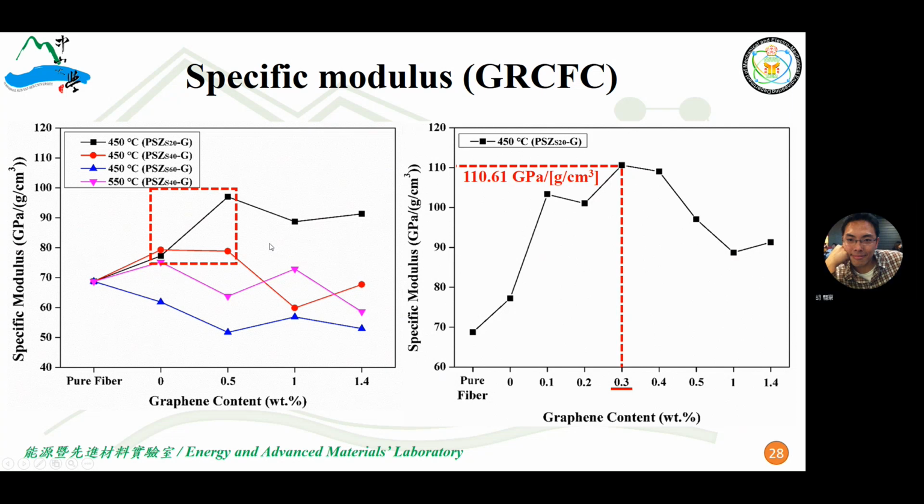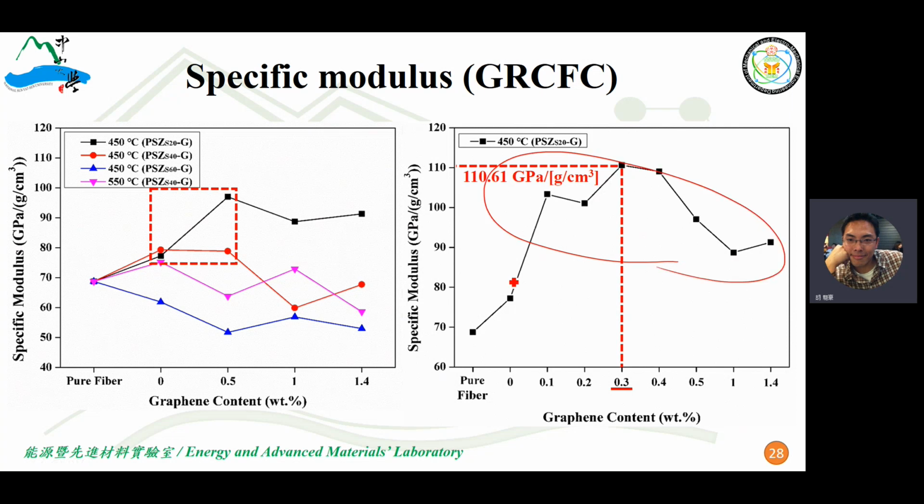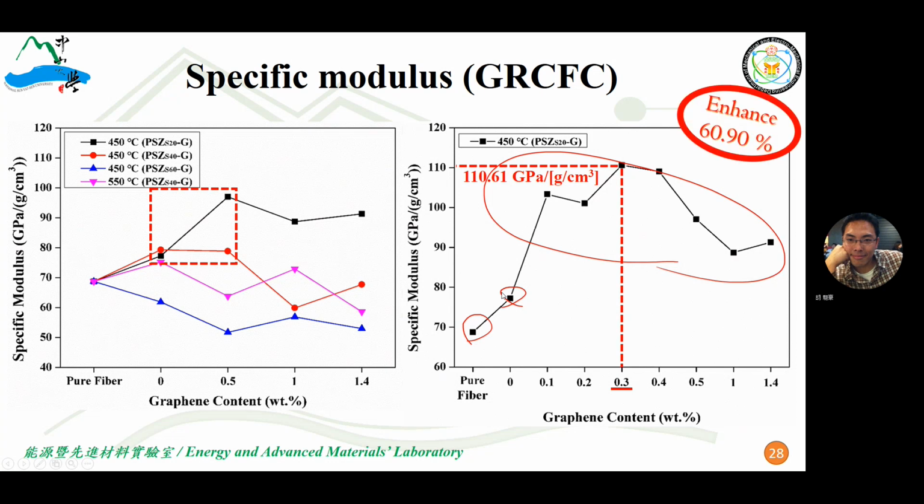Usually the incorporation of graphene has a function to enhance the specific modulus. So no matter what the concentration, it's still higher than the pure carbon fiber or the preceramic coated carbon fiber. So the highest enhancement of specific modulus is about 61% at 0.3 weight% of graphene content.